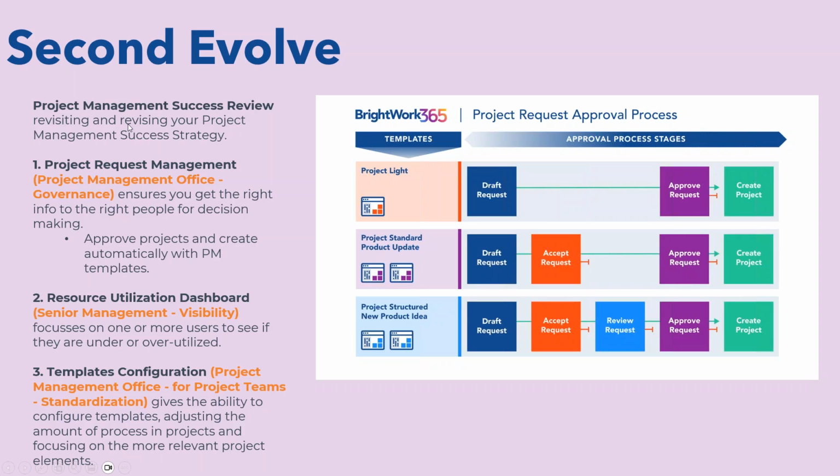Well, we were revisiting and revising the project management success strategy as part of the project management success review. And we were learning from the feedback from the first few weeks or months of adoption. And we were pouring that feedback into our project management success strategy and coming up with how we wish to evolve it.